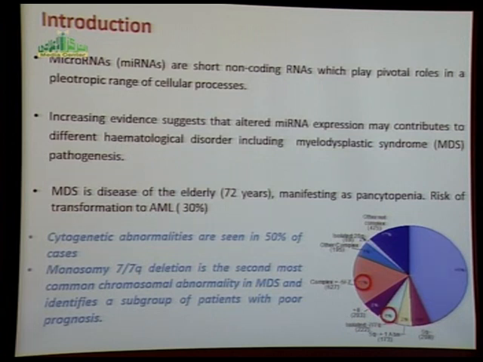The most common chromosomal abnormality seen in MDS patients is abnormality in chromosome 5. The second most common abnormality is seen in chromosome 7, as monosomy 7 or deletion in the long arm of chromosome 7. When a patient is diagnosed with monosomy 7 or deletion 7q, they are categorized under a high-risk group with poor prognosis.